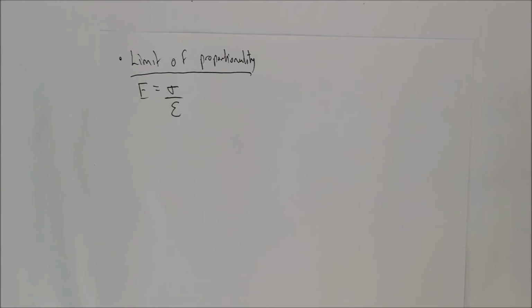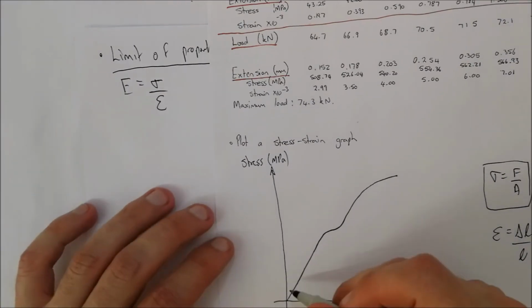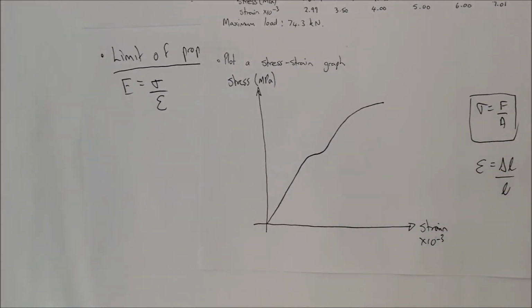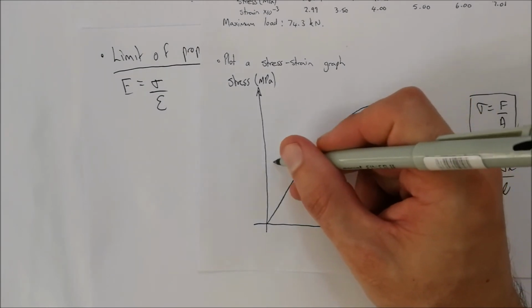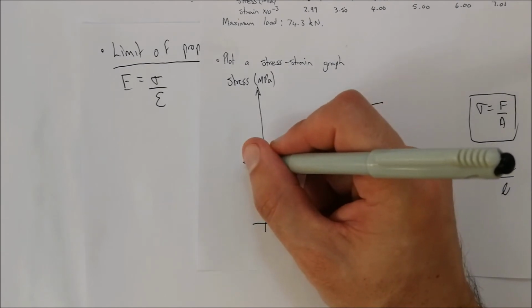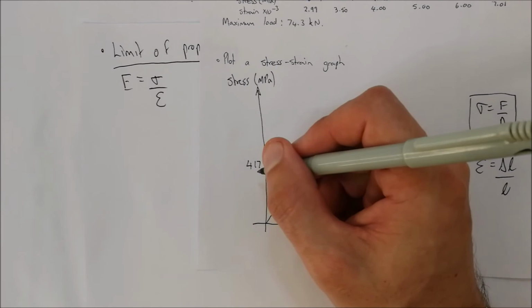If we have a look at this linear section over here, we're going to be taking a point over there, and you'll realize that would be around about 417 megapascal.